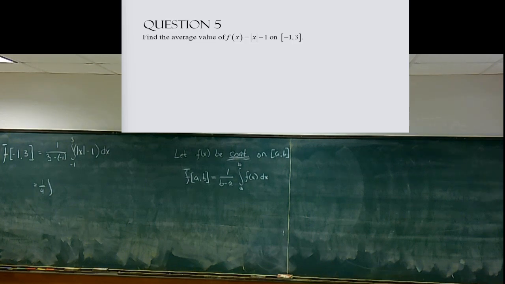Is it just 1/2 x squared? Is it either that or negative 1/2? It depends, doesn't it? It depends on whether x itself is positive or negative. It's going to have to be either x squared over 2 or negative x squared over 2, again depending on the value of x itself.